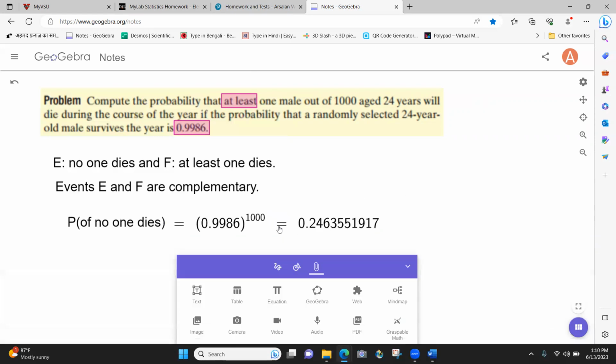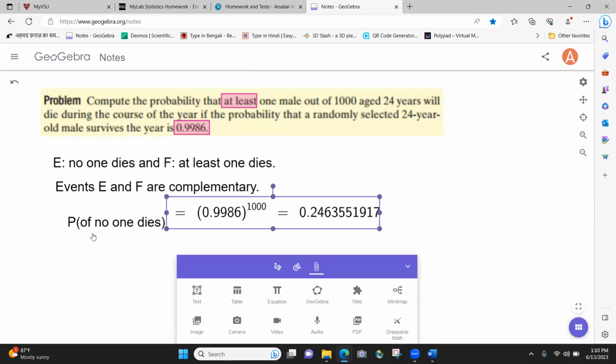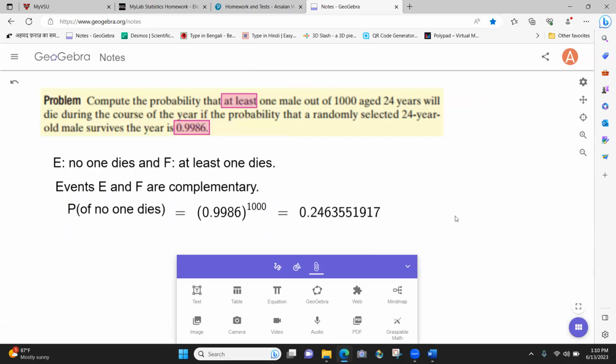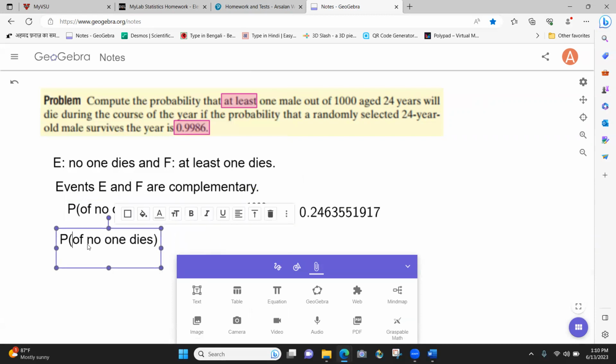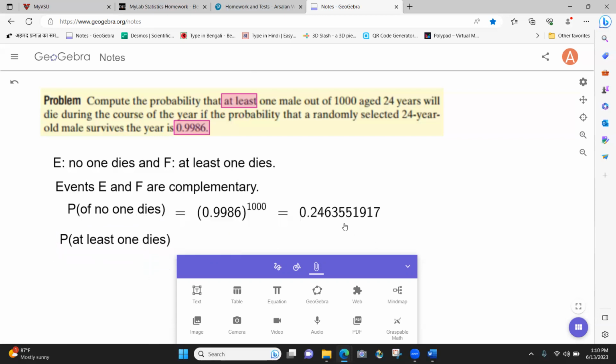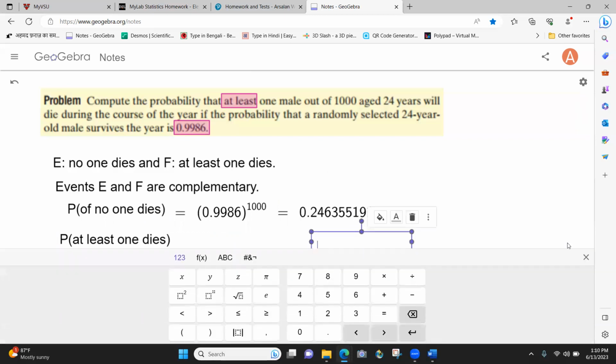All right. What's the probability that at least one dies? The probability that at least one dies is going to be one minus that number. That's all there is to it.